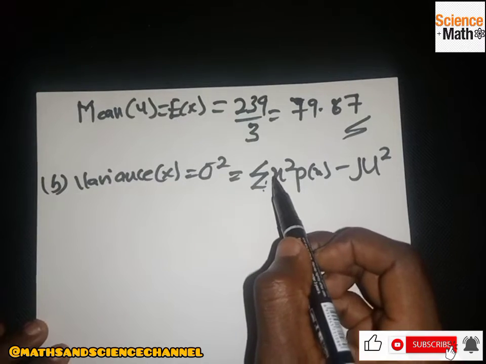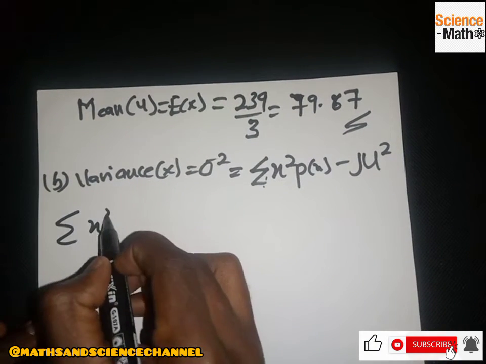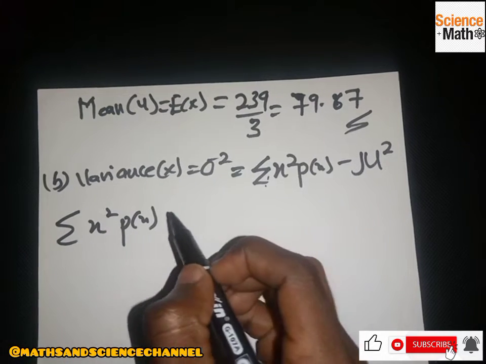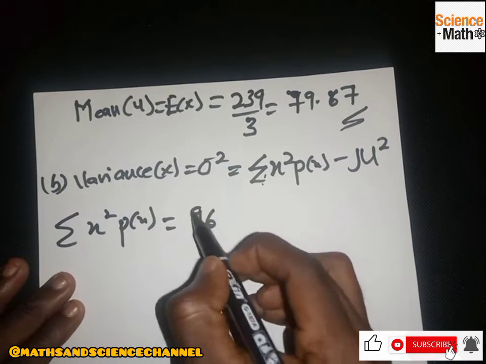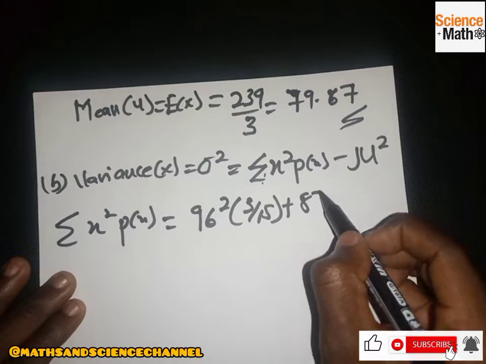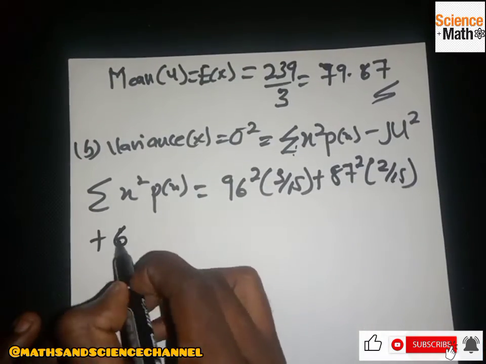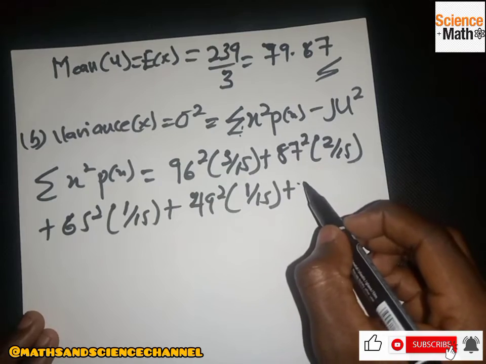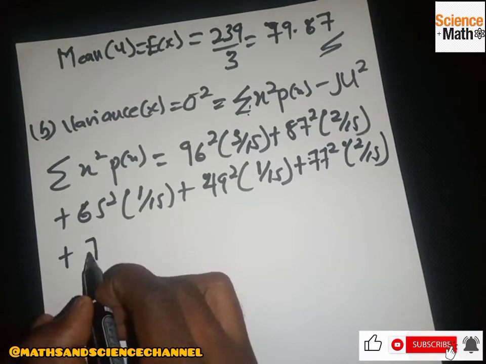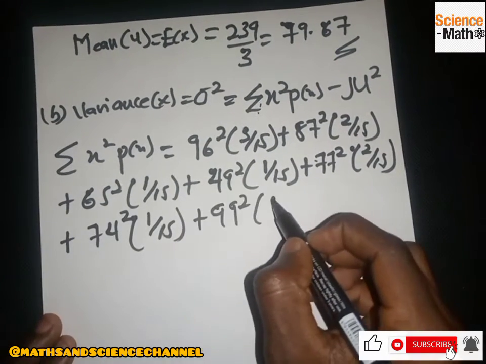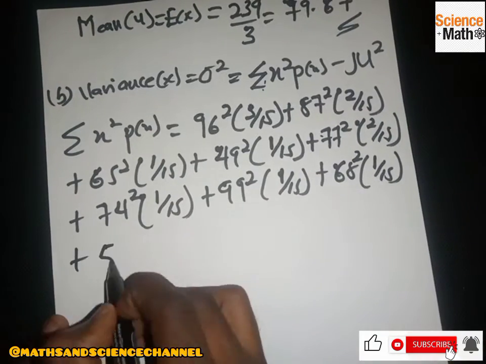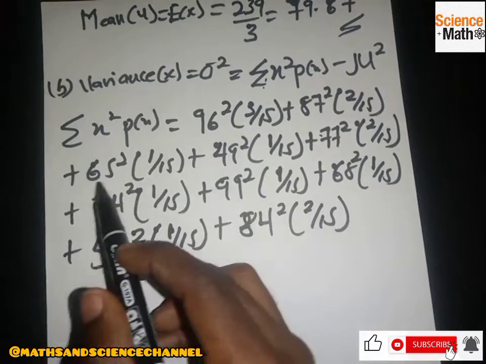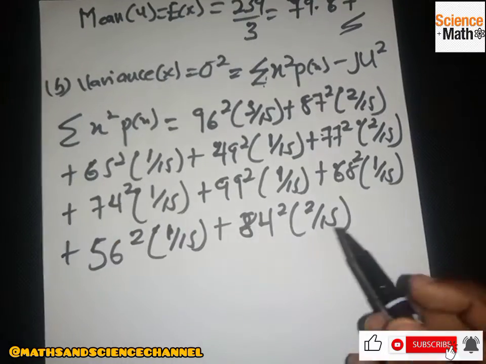For the summation of s squared P of x, we take the s values multiplying by P of x.